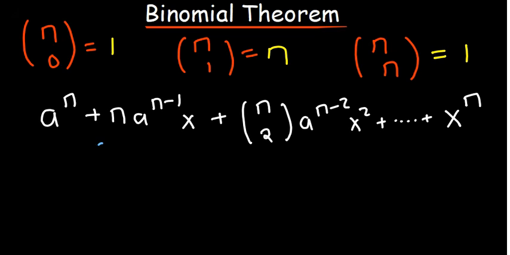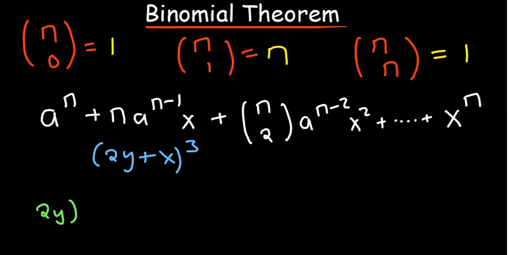Let's say we have 2y plus x, let's say to the power 3, and then you're told to expand that. How do you go about it? Using the binomial theorem, you can take your a to be 2y.